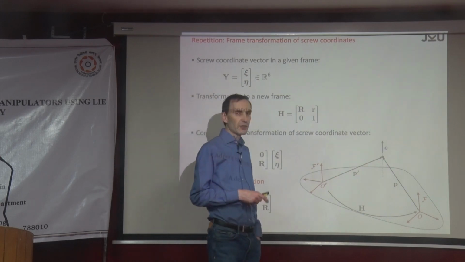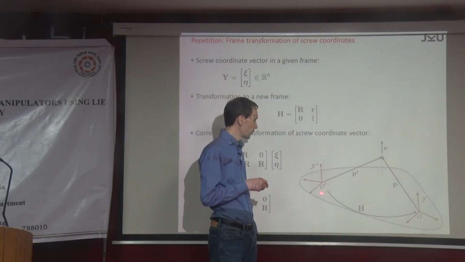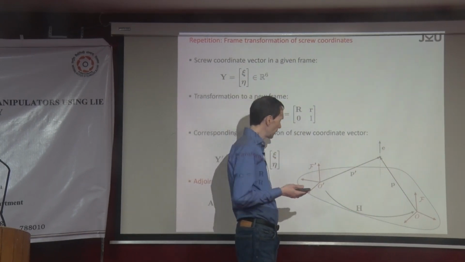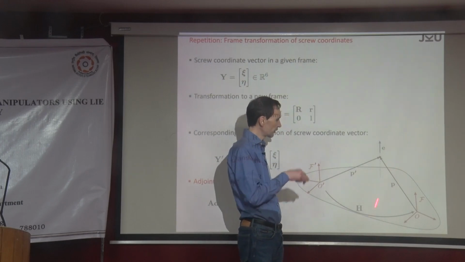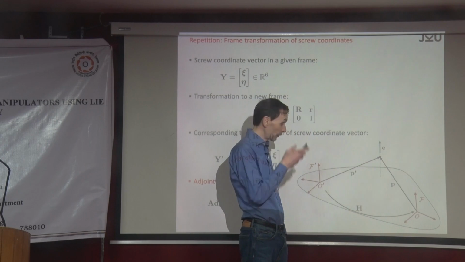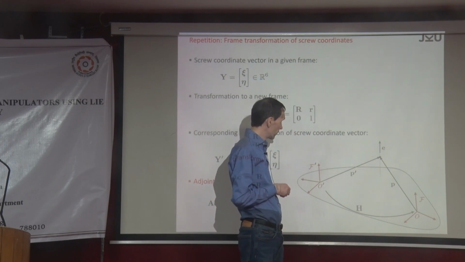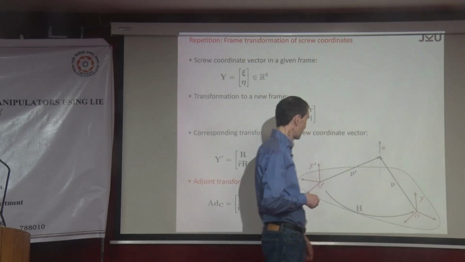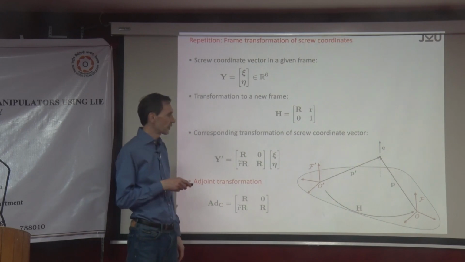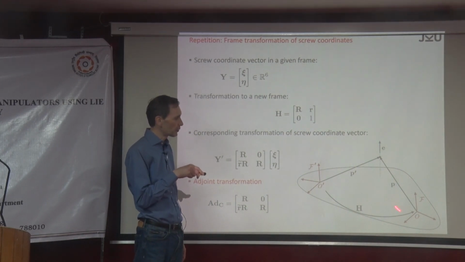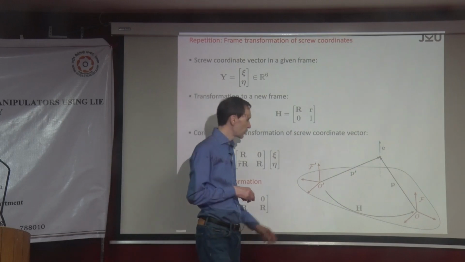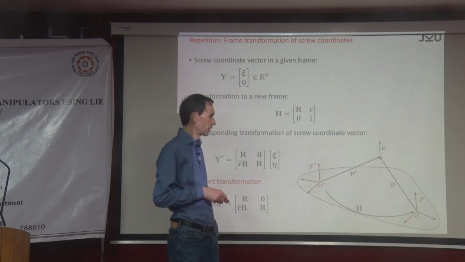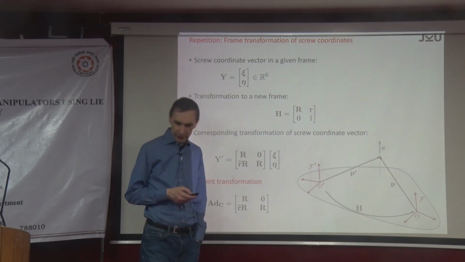When I say twist, just to get you all on the same page, let's say this body is somehow moving in space, so it has an angular velocity that is invariant. The angular velocity is the same at every point, but the linear velocity, of course, is different. So when you measure it here, it's different from here. And that's what the adjoint transformation is doing. It changes not only the frame in which you're representing the vectors, but it also changes the magnitude of the linear velocity. Okay, this is what we did.